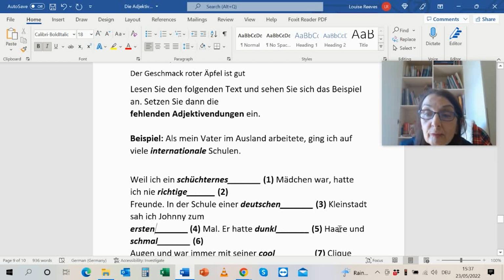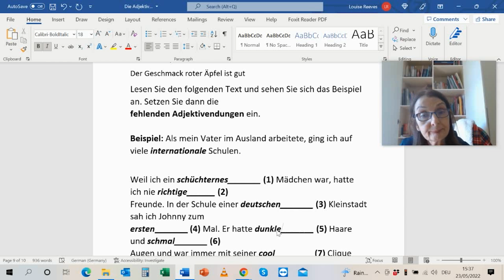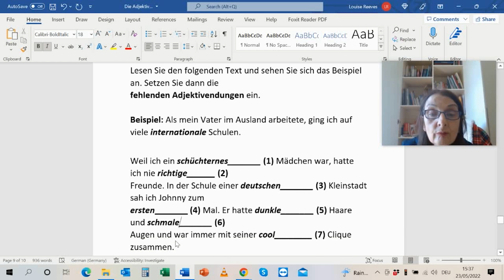Dark hair would be the same as lange Haare. So then we had just an ordinary E. Look how often this is coming up. And then schmale Augen.